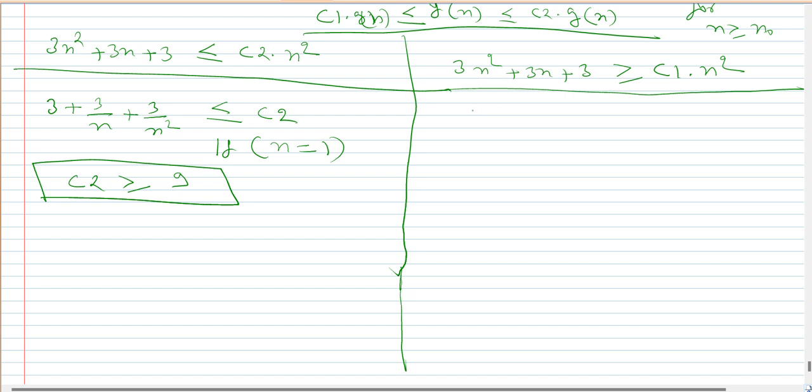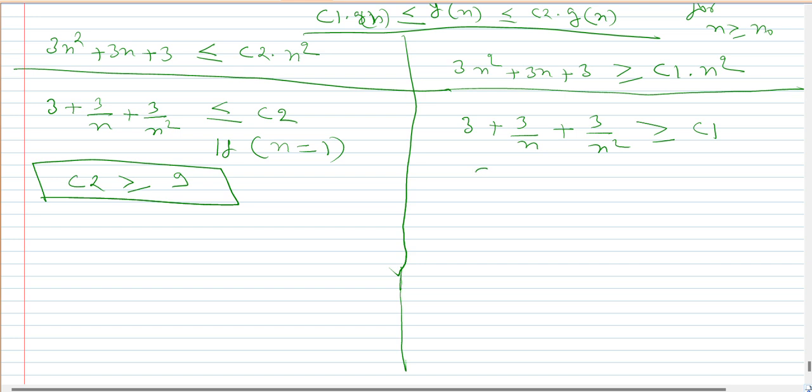Likewise here, let's do the same thing. Divide this inequality by n square. Then this becomes 3 plus 3 upon n plus 3 upon n square should be greater than or equal to C1.